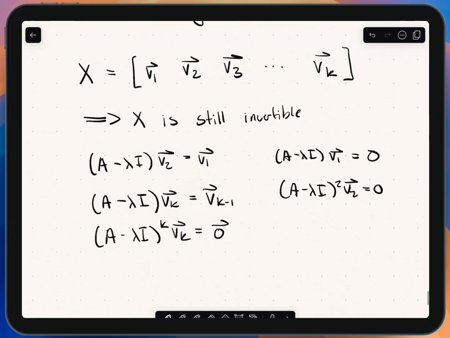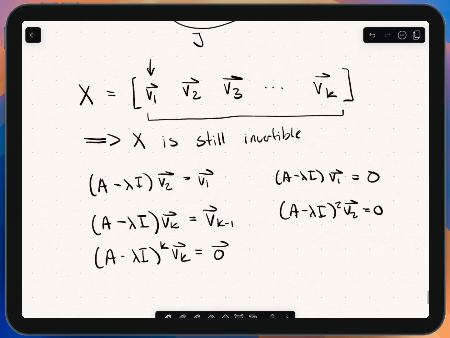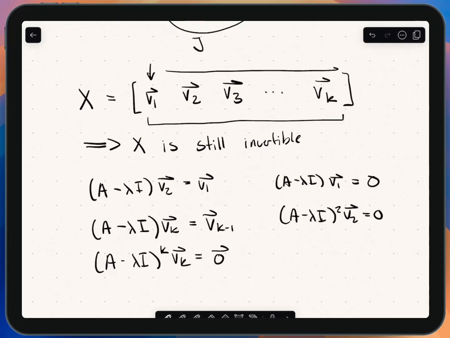So now to prove that if I have this matrix, which is going to be of eigenvectors, but let's just say the first one is an eigenvector and then all of these other ones are the generalized eigenvectors, how do we show that this is an invertible matrix? Well, to show that, I will show that all the vectors are linearly independent, and that means that we will have a full rank matrix, and when it's full rank, we know it's invertible.